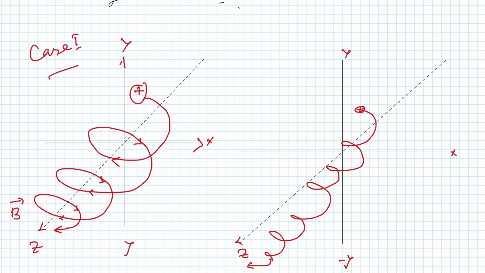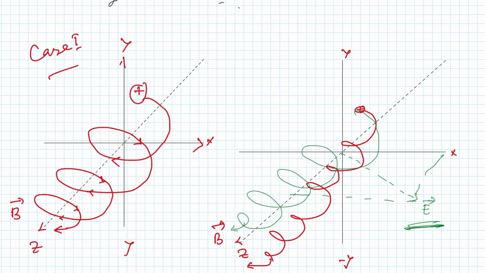Here we have applied a magnetic field in the z direction, as well as an electric field in the xz plane, in this way. In absence of this electric field, the motion was supposed to be like this.